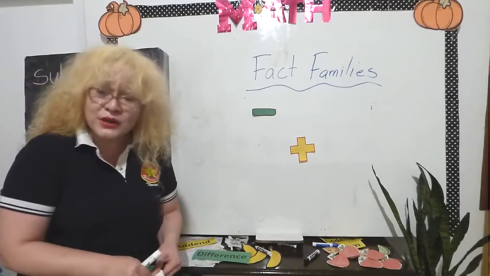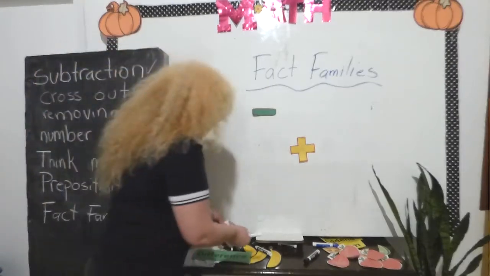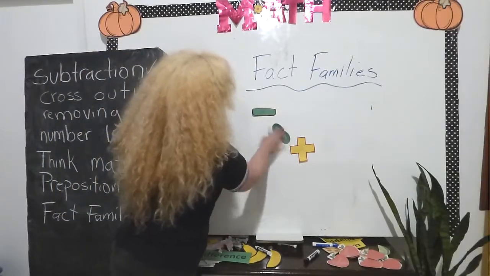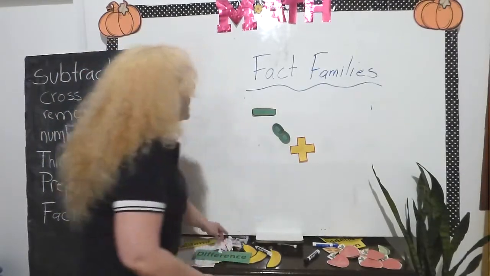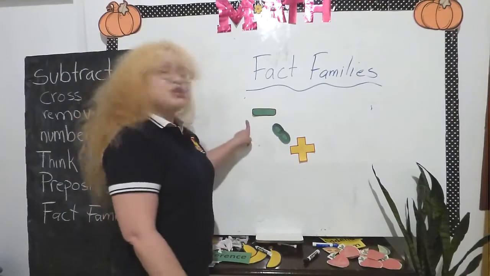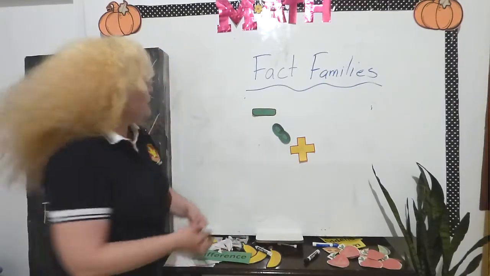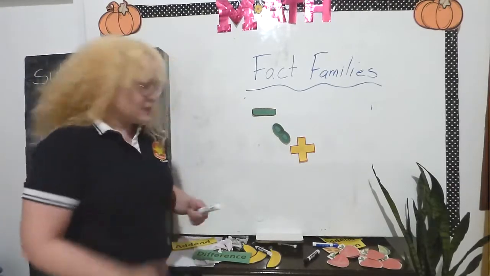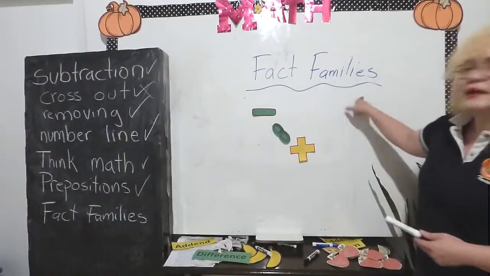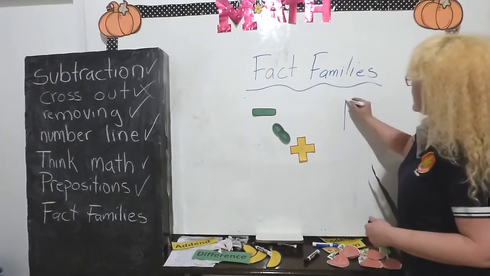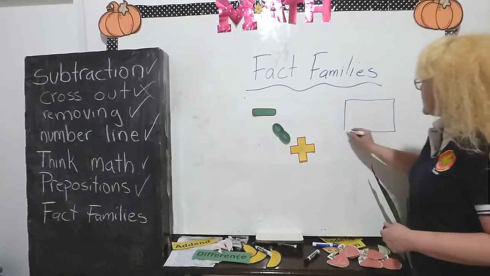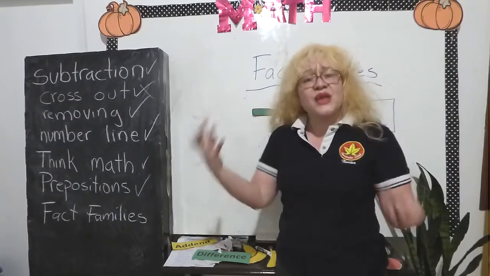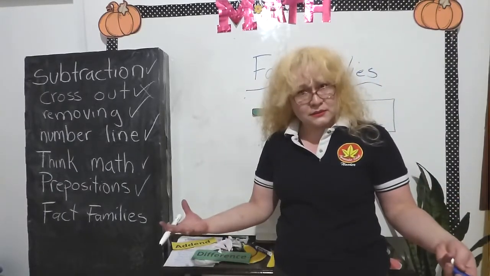And why is it important that they are linked together? Because this is a link. I love you, subtraction. Addition, I love you, subtraction. Okay? Why are they linked and why is that so important? Because, and I will show you here, remember, there is a whole and there are parts.